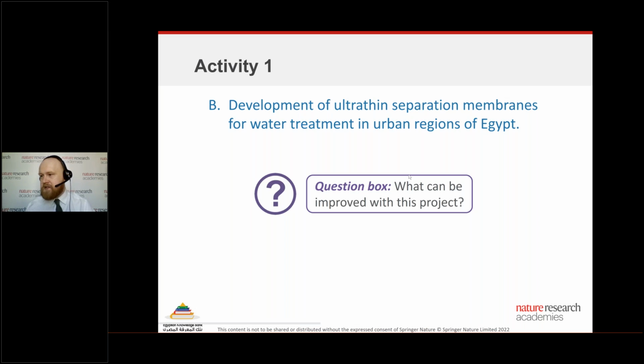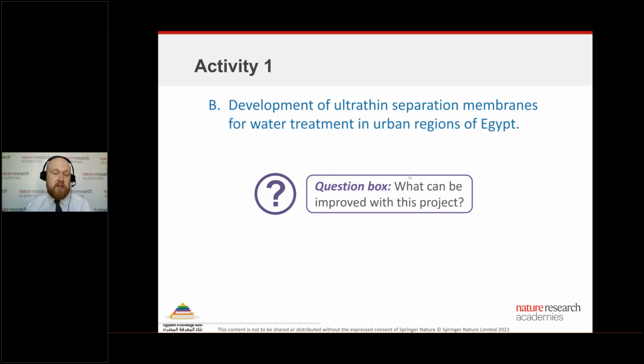Yeah, some great suggestions. So for me, one of the limitations of this study is it's confined to a very selective and specific geographic areas, right? We're just talking about urban regions of Egypt. For the study to be more impactful and more relevant to a wider group of people, it may be worthwhile including rural areas, or why not just include other countries as well?